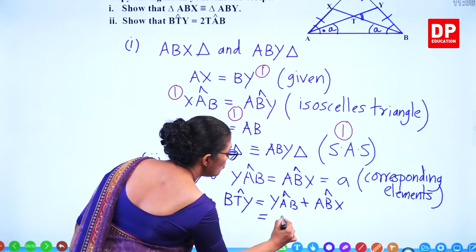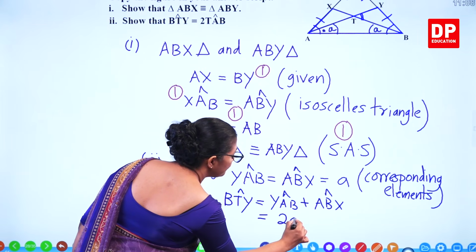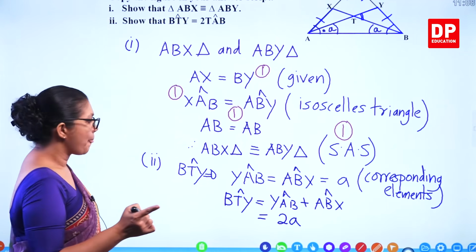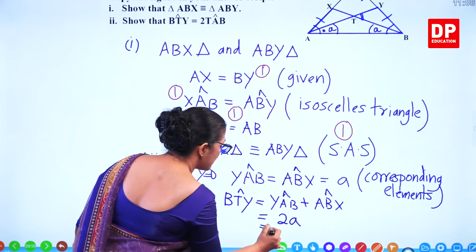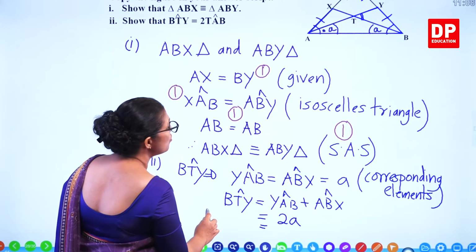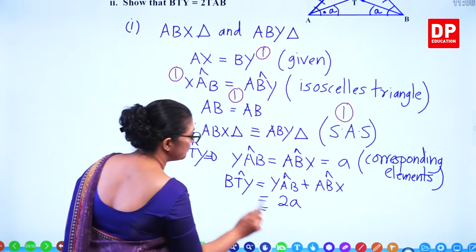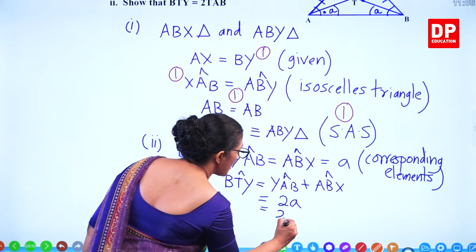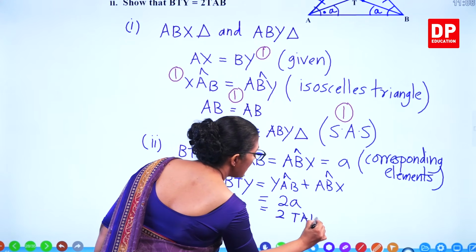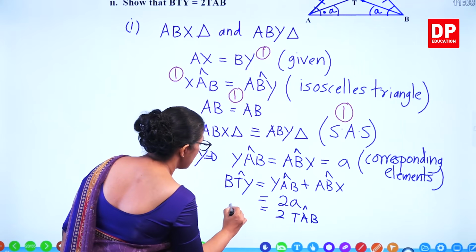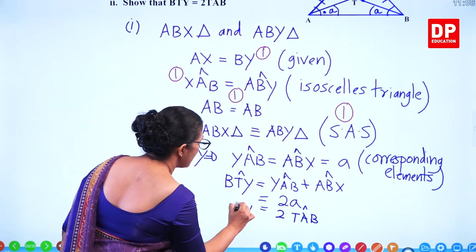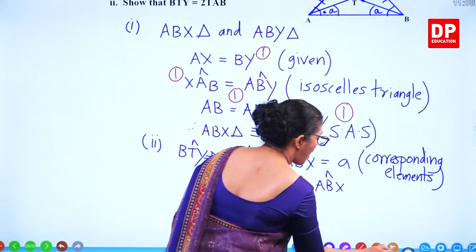That's 2A. A plus A. So you can write this is equal to 2 times A. Instead of A, I can write TAB. So 2 times TAB angle. So that's BTY.